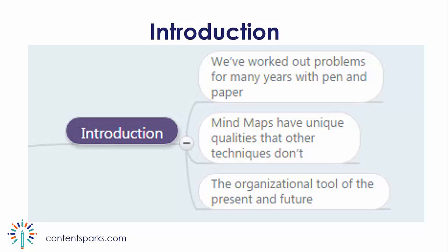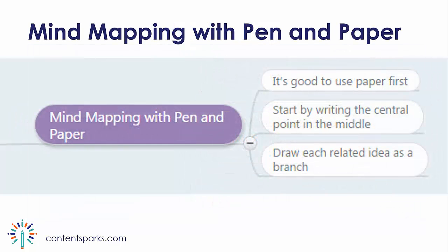So let's take a look now at different ways to create mind maps. Firstly, even if you plan to use tools for making your maps, it's good to try making one on paper first. Just take a piece of paper no larger than a letter or A4 size. Start by writing down the central idea or problem in the middle.